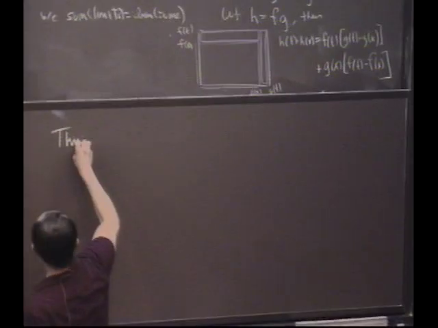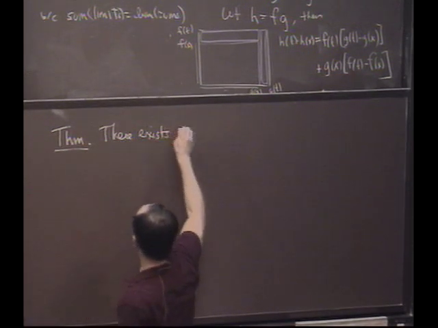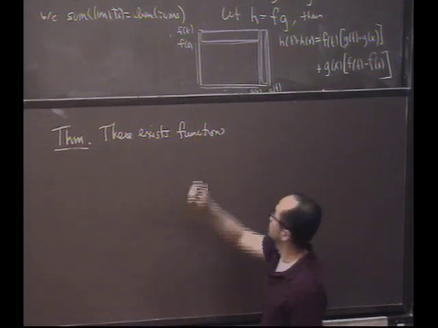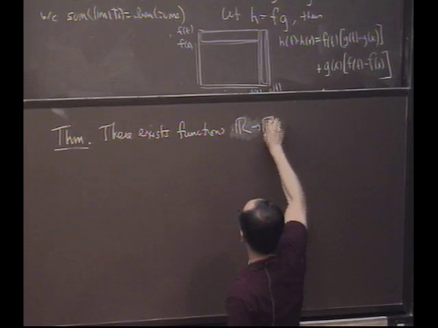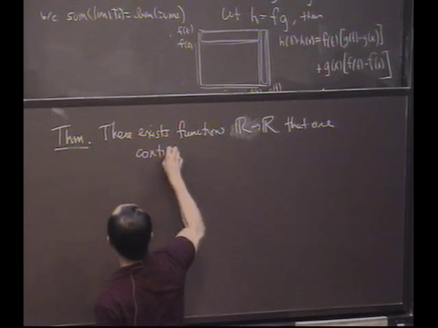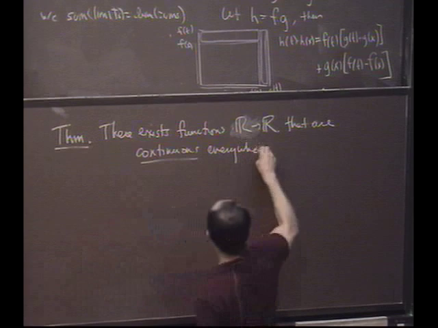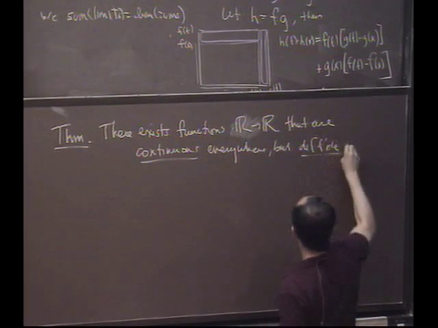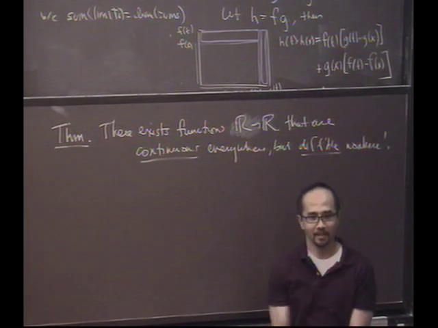So here's a theorem. There exist functions, some of the strangest functions you'll ever meet, from R to R, that are continuous everywhere, but differentiable nowhere. What? Really?